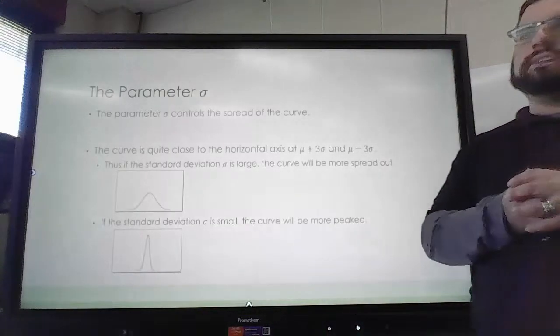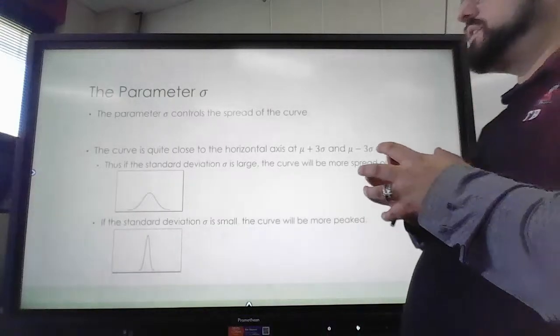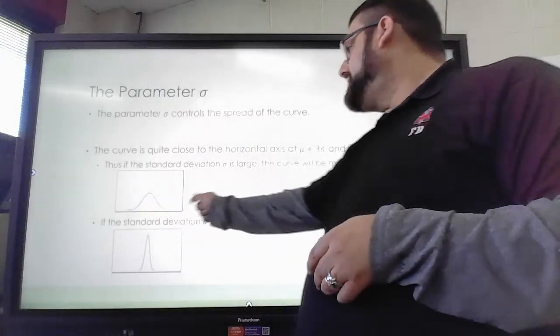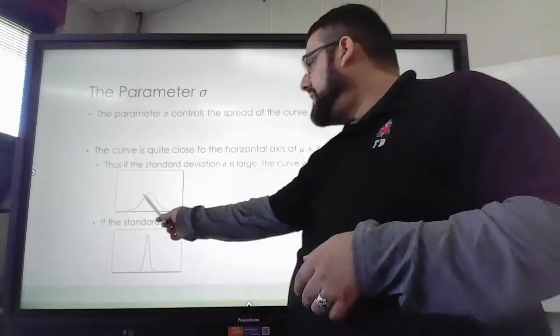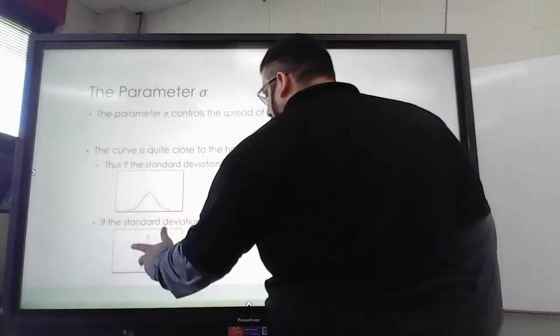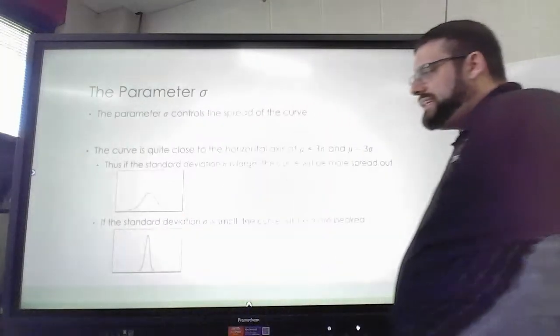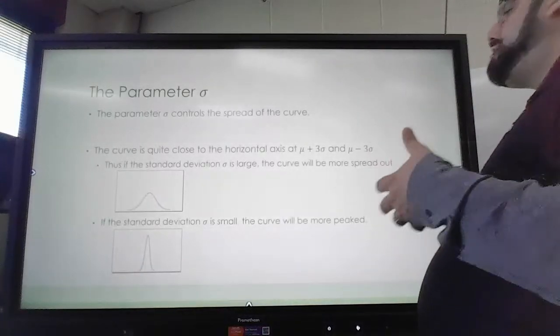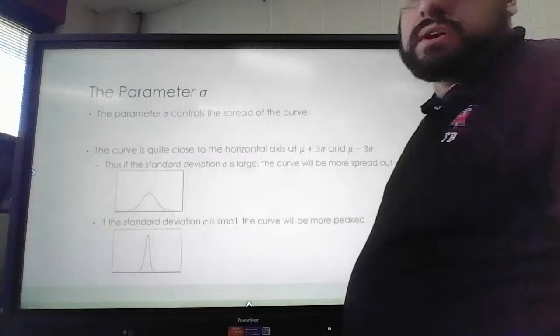The smaller your standard deviation is, the less spread out, the more condensed your data is. Here's an example of a standard deviation that's large. The data is more spread out in the bell, but if your standard deviation is smaller, the data is more condensed. Because again, standard deviation represents how far the data is spread from the center.